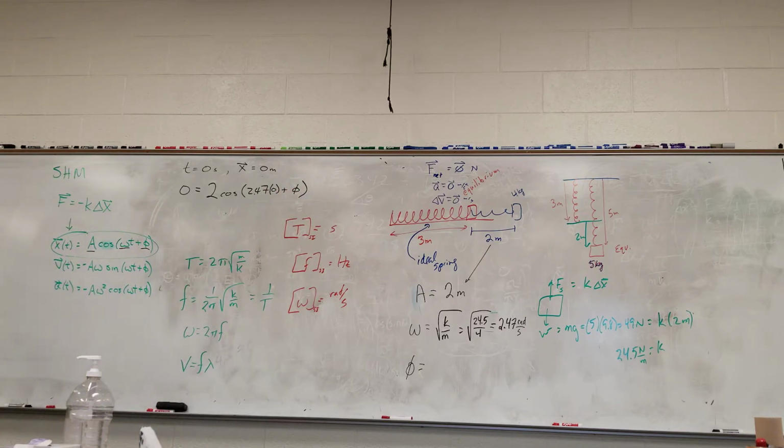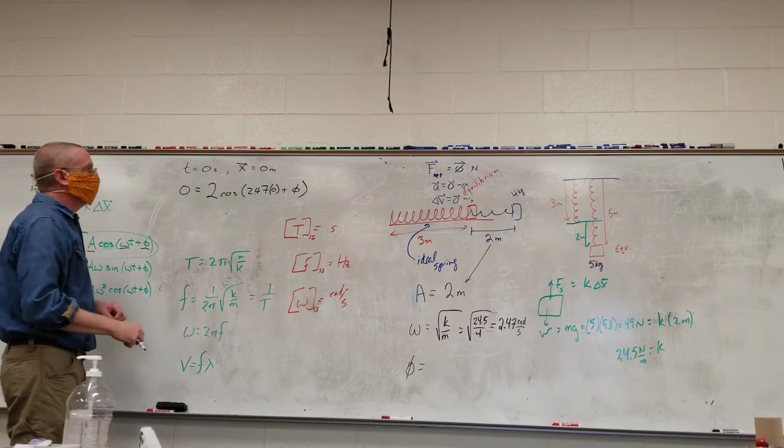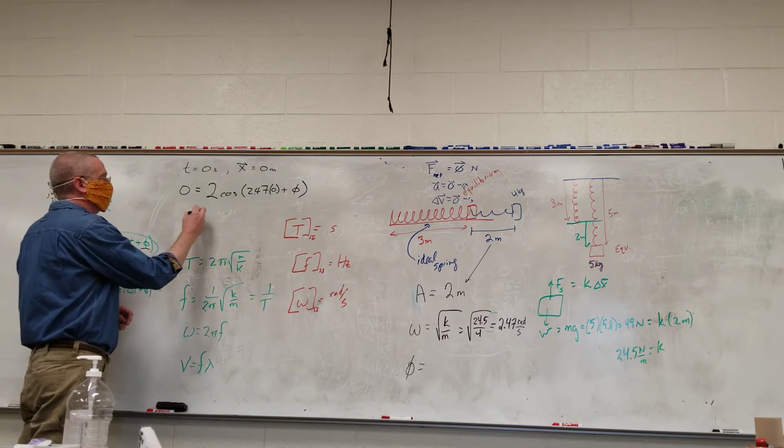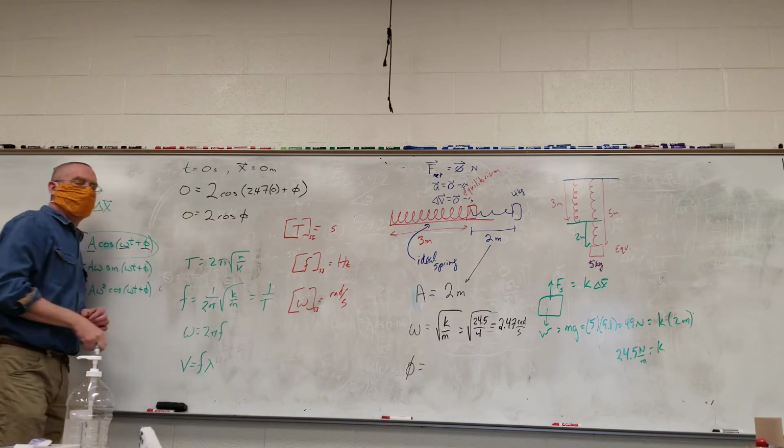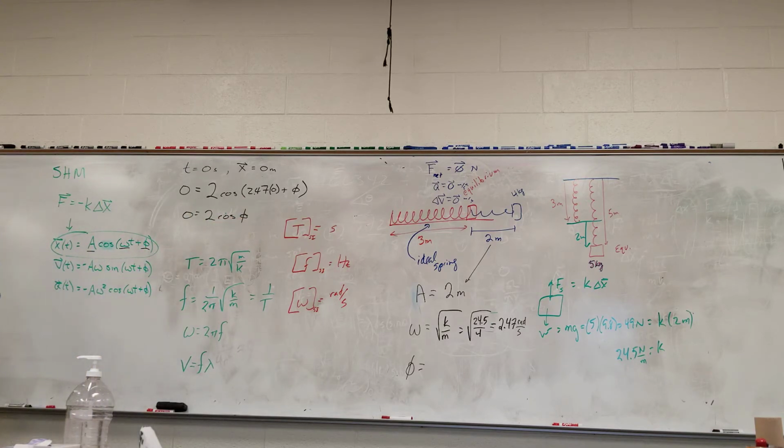It'd be just 2 cosine phi. All right, so this is 2 cosine of phi equal to 0. We're solving for phi. Now what?